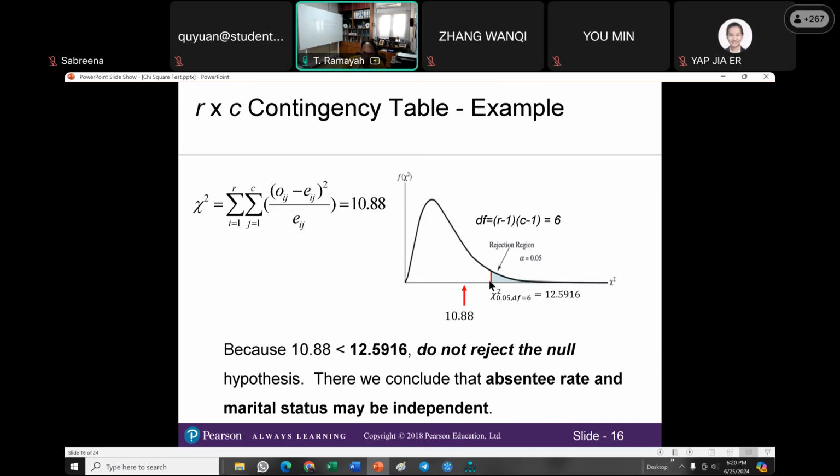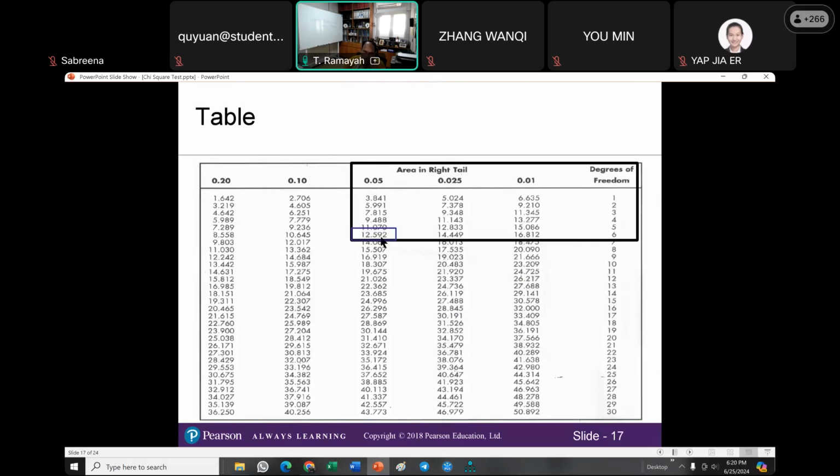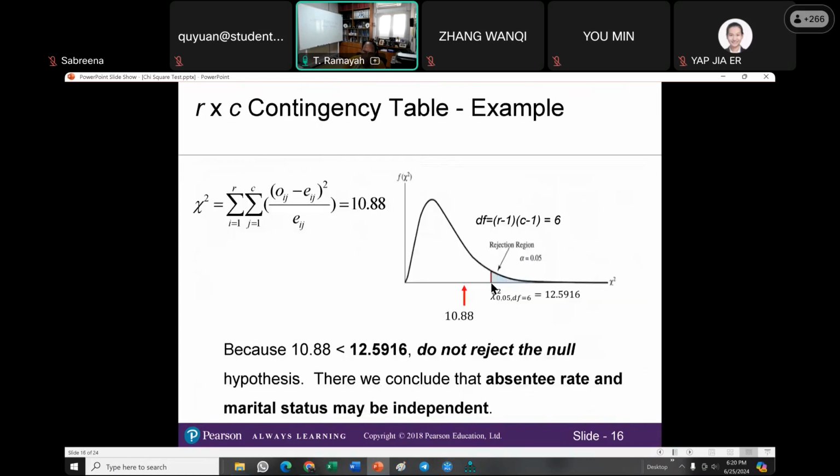And the critical value for the chi-square test, 4 minus 1 and 3 minus 1, you get degrees of freedom 6. Alpha value 5%, we already get from this table, right? 12.592. So we write the number here, 12.592.